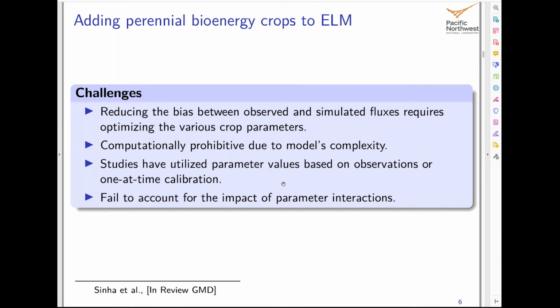However, both these methods fail to account for parameter interactions. So in our study, we address both these challenges. The first challenge is optimizing the crop parameters despite the computational cost, as well as accounting for parameter interactions, by first developing ELM surrogates and then utilizing the surrogates for sensitivity analysis and for calibration of various parameters.